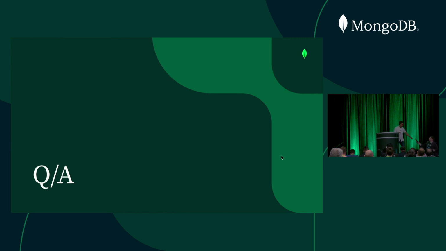Sorry? Okay. So as I mentioned, the Atlas Data Lake and the online archive can help you here. And proper indexing and defining the time series collection also will help.